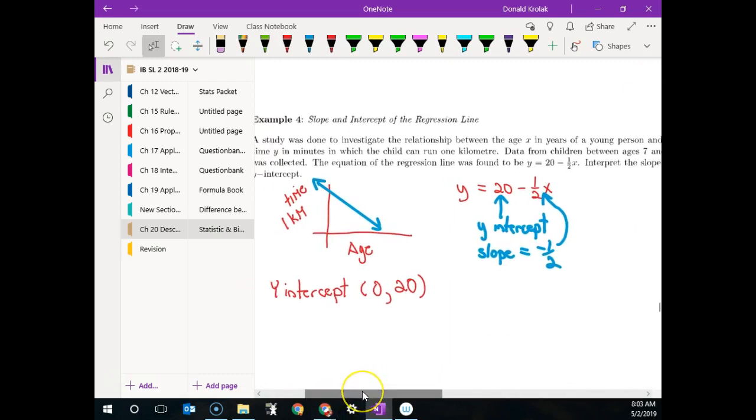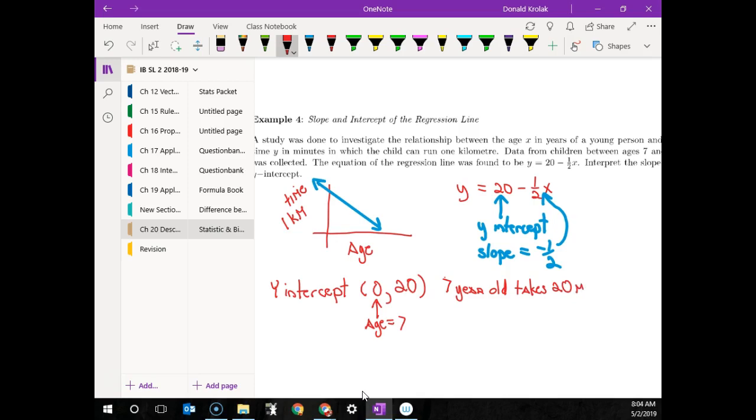Right, so this would actually represent an age of 7. So we would predict that at age 7, it takes 20 minutes to run 1 kilometer.